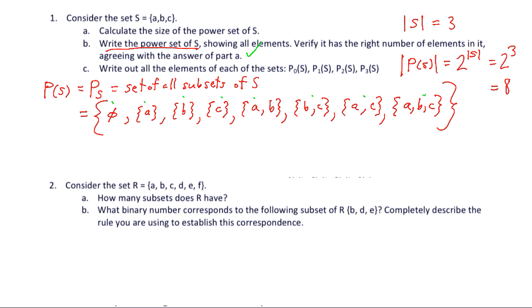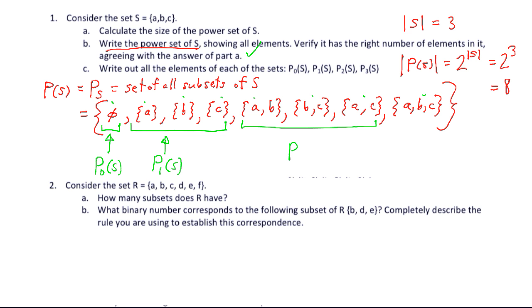And write out all the elements of the sets P0. Well, you know what? Instead of writing them out, I'm going to say, okay, look, that's P0 of S. These 3 are P1 of S. These 3 are P2 of S. And this one is P3 of S. Okay?